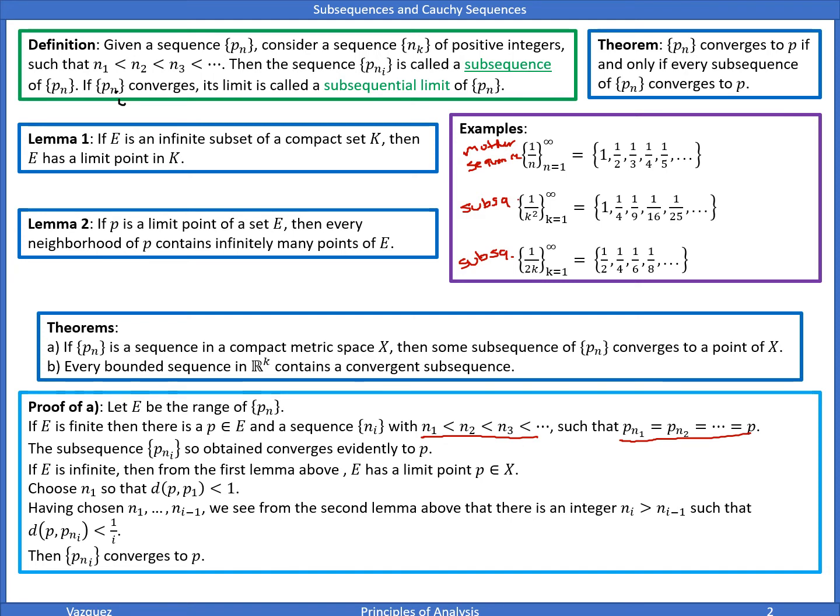For part B, this pretty much follows using part A, and you should also use what we looked over, the Heine-Borel theorem, along with the third statement. So if a set is closed and bounded in R^k, then that set is compact.